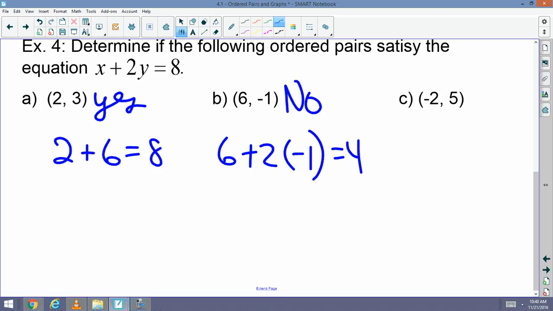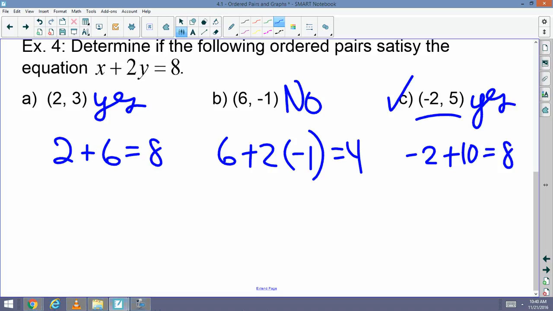And then I've got negative 2 plus 2 times 5, which is 10. That equals 8. So that's a big fat yes as well. So when you're trying to determine whether or not an ordered pair satisfies a linear equation, simply just plug it in and solve.